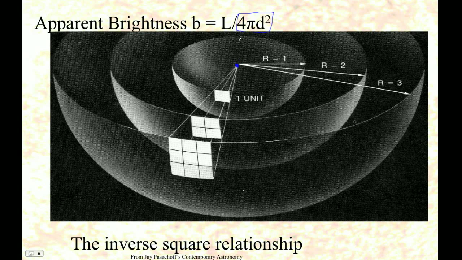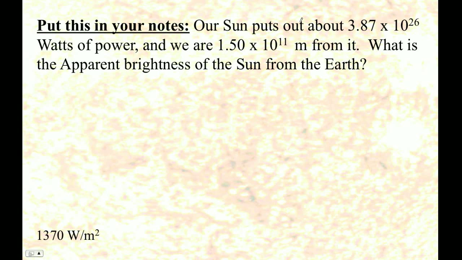Okay, so let's put this one in your notes. The sun puts out that many watts of power. We are that far from it, so what is the apparent brightness of the sun from Earth? Well, b is how many watts you have divided by how many square meters of area there is on a sphere at your distance, so 4 pi d squared.